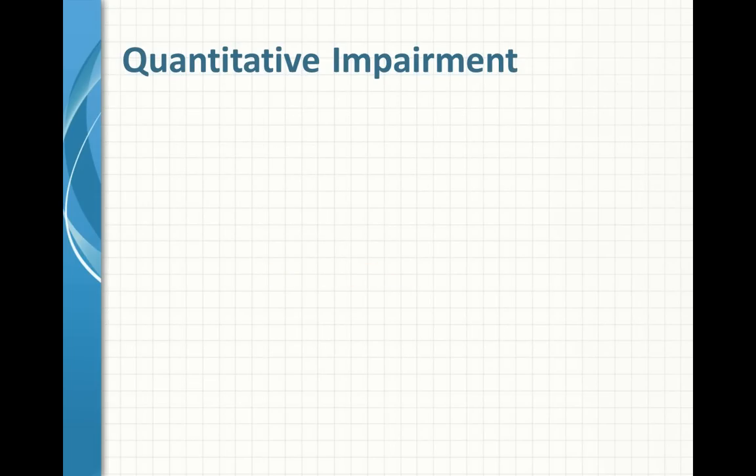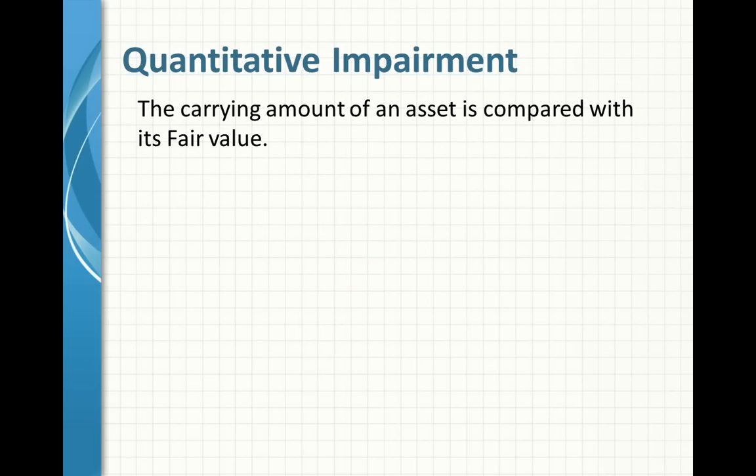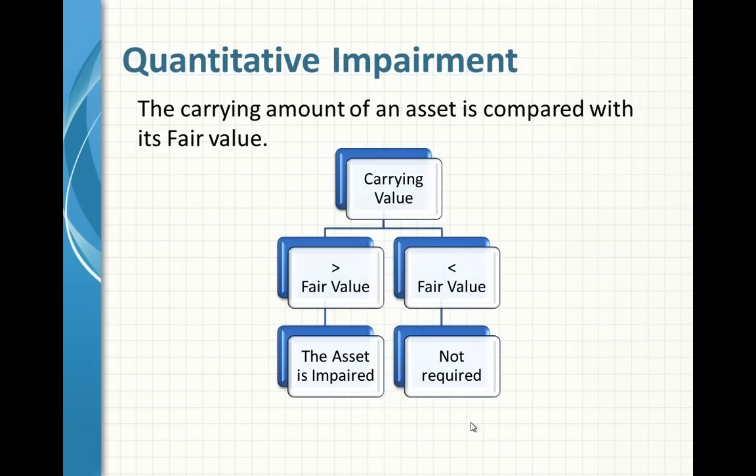If it is less than 50%, impair it. Quantitative: the fair value, meaning the current market value. If the carrying value of the asset is greater than the fair market value, then the asset is to be impaired. If the carrying value is less than the fair market value, it is not to be impaired. Fair market value means the present value in the market.